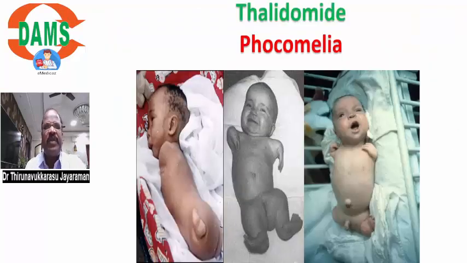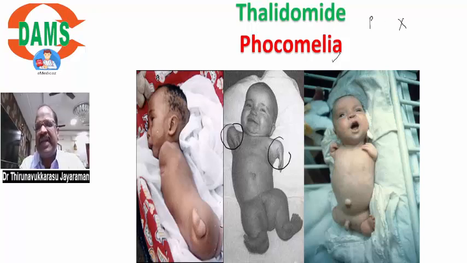And then thalidomide causes phocomelia. Phocomelia means the limb buds are there, but limbs are not fully grown. It's called phocomelia. So very dangerous teratogen. That's why when a drug is absolutely unsafe in pregnancy, it comes under risk category X. So dangerous, should never be used in pregnancy.